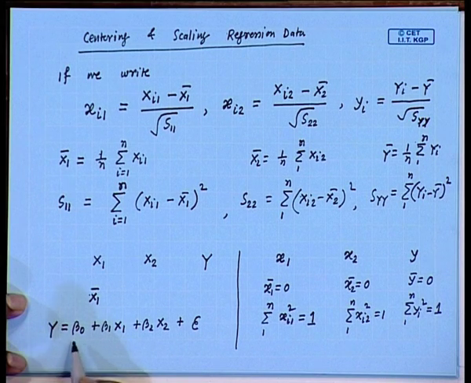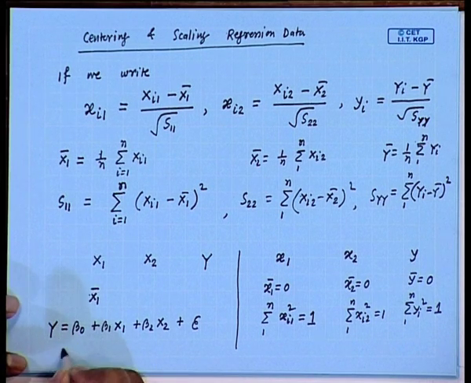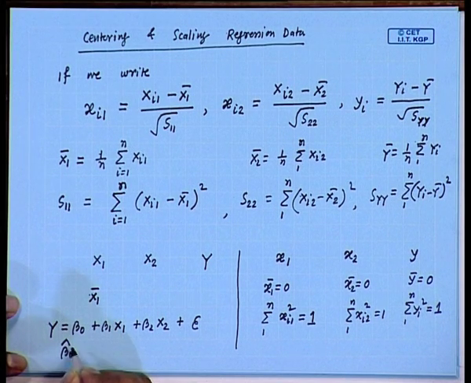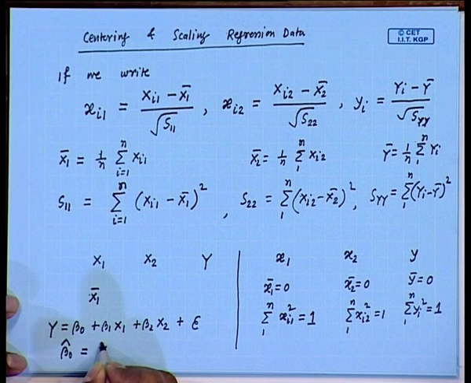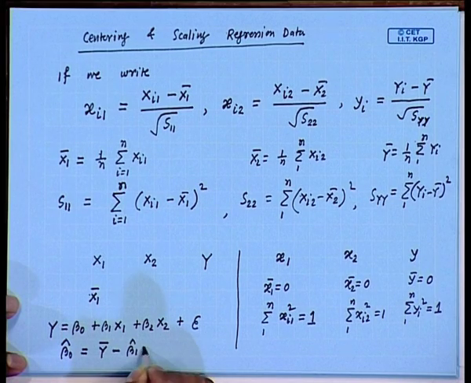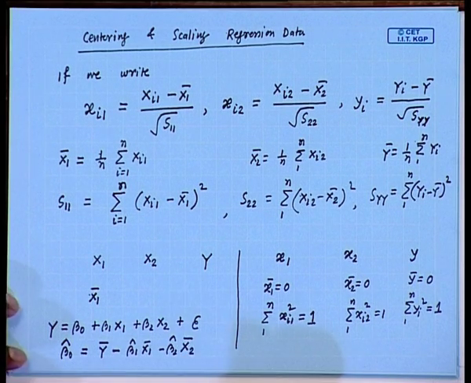And here for this model we know that the least squares estimate gives beta naught hat equal to y bar minus beta 1 hat x1 bar minus beta 2 hat x2 bar, right.